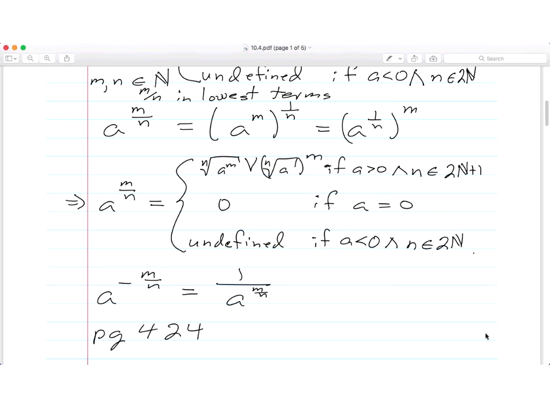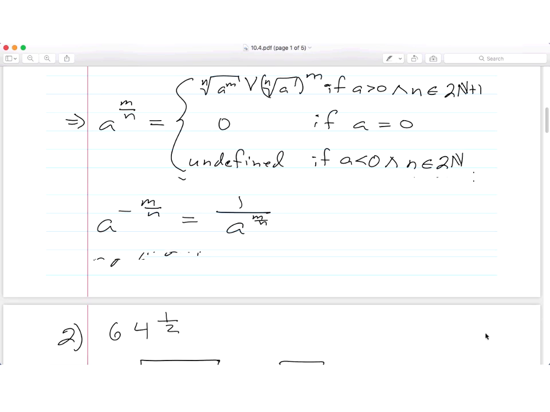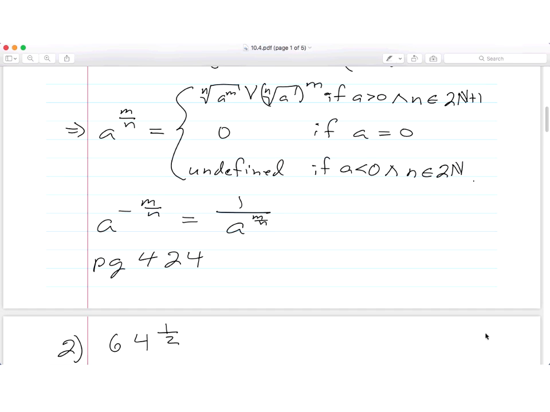So let's do some examples. Let's say on page 424, let's do problem number 2. In exercises 1 through 20, write the expression in radical form and simplify.